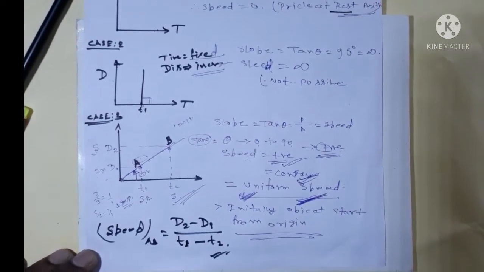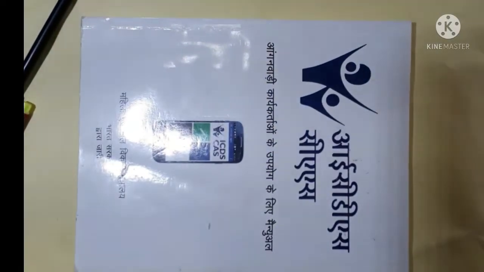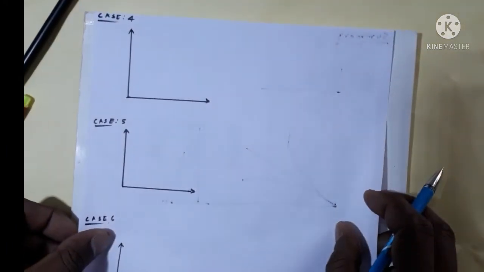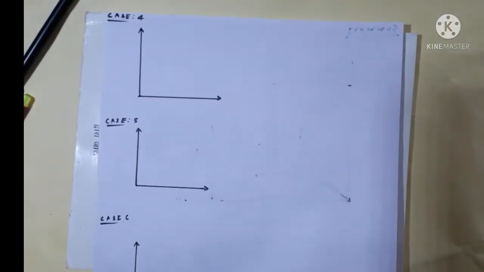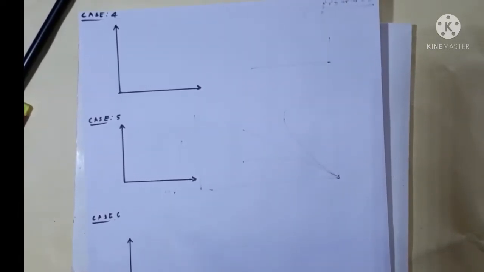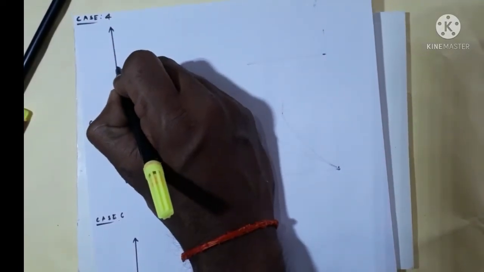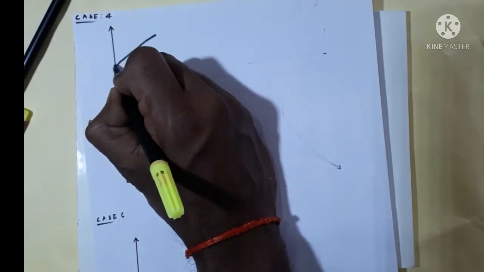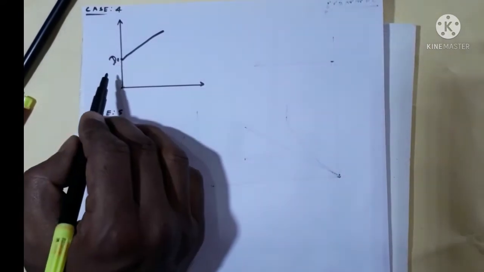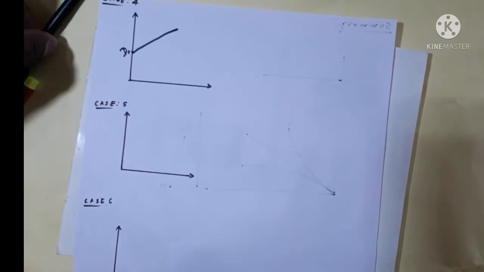Now I am going to discuss case 4. If a particle moves from some distance, suppose this is the distance d0 and the particle moves, suppose 5 km, and then continues.